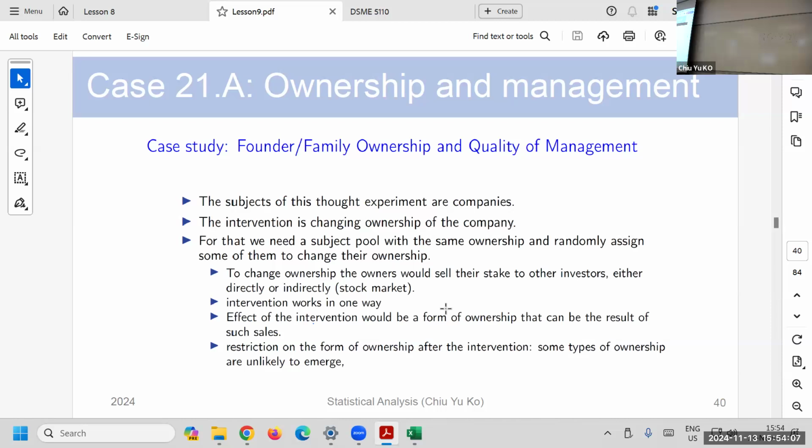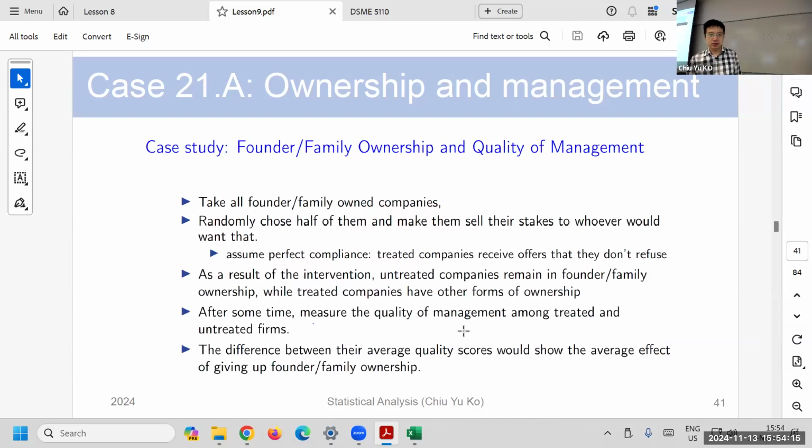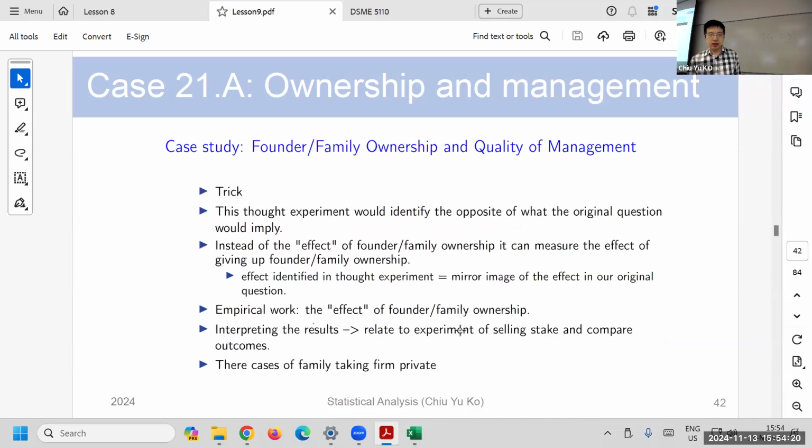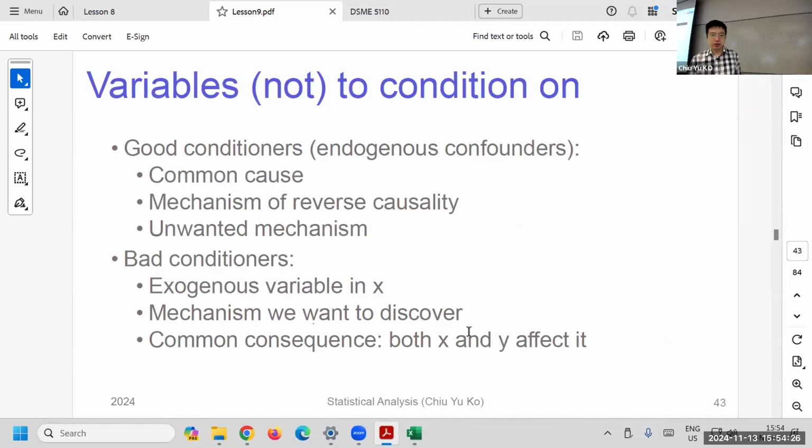But of course, this is not feasible. So how can we do that? We will see.